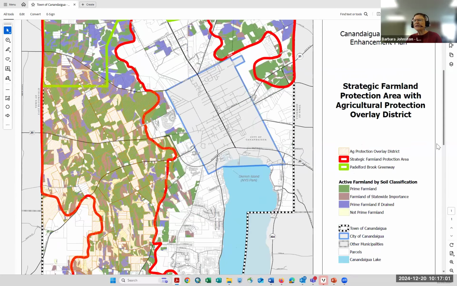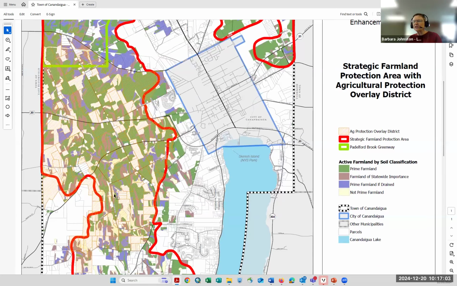Well, the law says that only parcels 7 acres or larger would be considered within the overlay district. So you can see these orange hatches exclude some of these smaller parcels that are smaller than 7 acres. They're not considered part of the ag protection overlay district, even if they're partially in the red line.